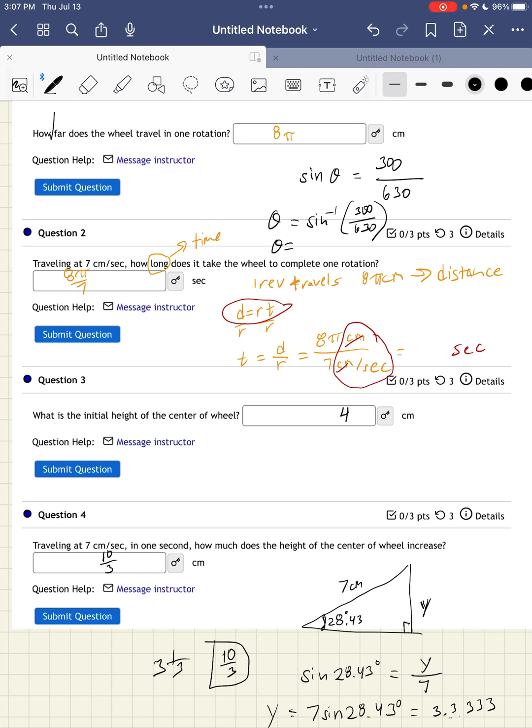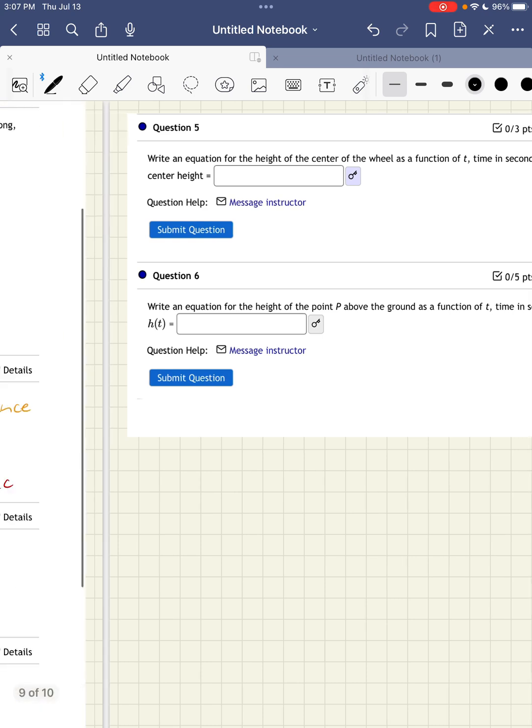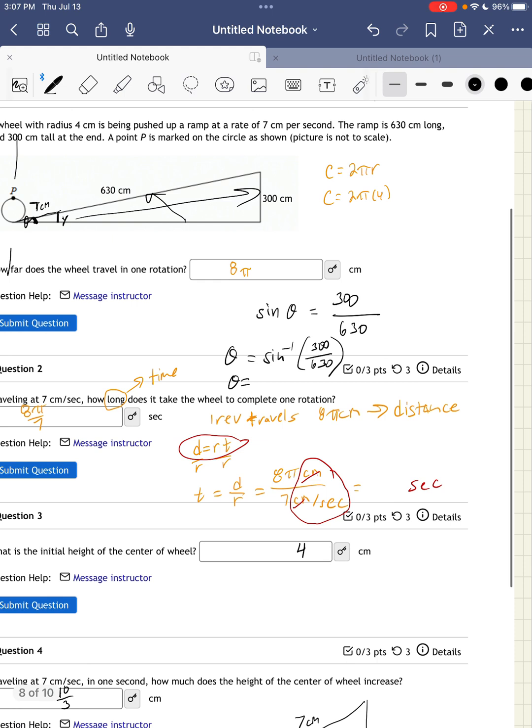Next, they ask question 5: now write an equation for the height of the center of the wheel as a function of time in seconds. So it's for the center of the wheel. The center of the wheel is going to start at 4 feet off the ground, and then it's going to go up basically the same as this height, just the equation of that line.